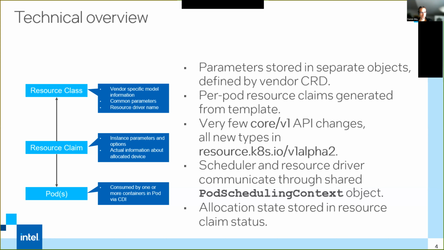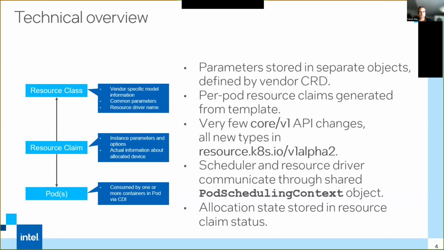And finally, the pod has some additional fields that reference a ResourceClaim, and I'll give you an example on the next slide. So another key concept is that although ResourceClass and ResourceClaim are core objects, or rather they are built-in types in Kubernetes, they are not in the core v1 API, but rather in an experimental v1alpha2 API that we defined, the resource.k8s.io API group.